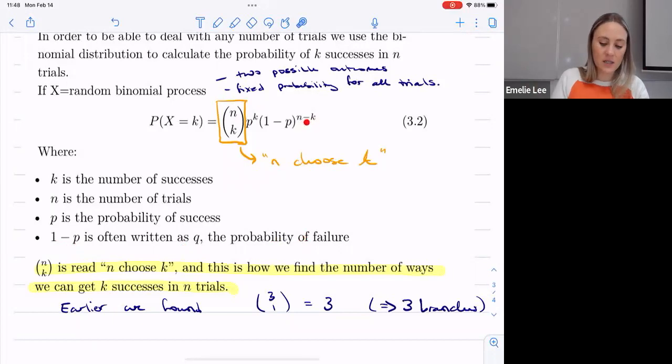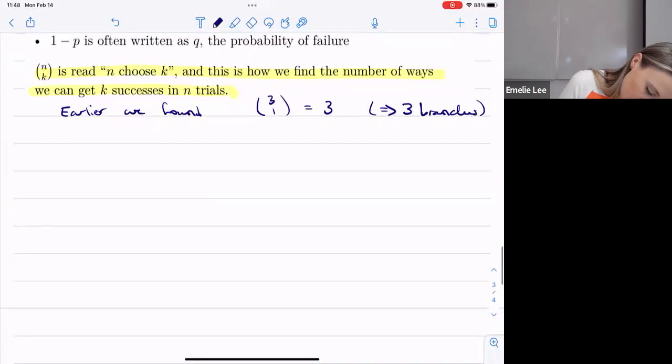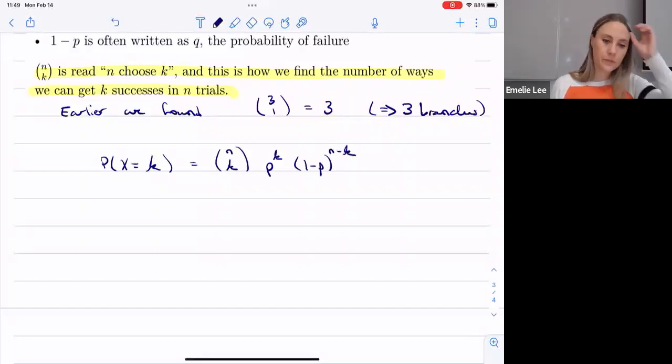And then we raise that to the number of failures. And so here, let me just jot this down. I have the probability that x equals k is n choose k times p to the k times 1 minus p to the n minus k.